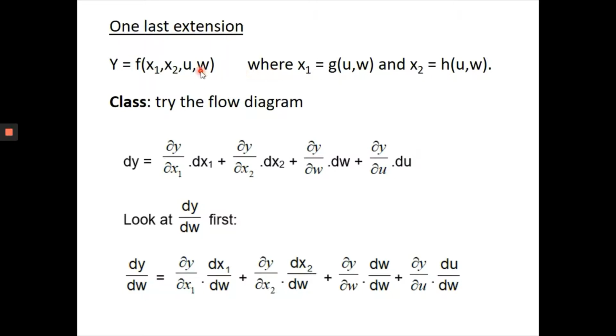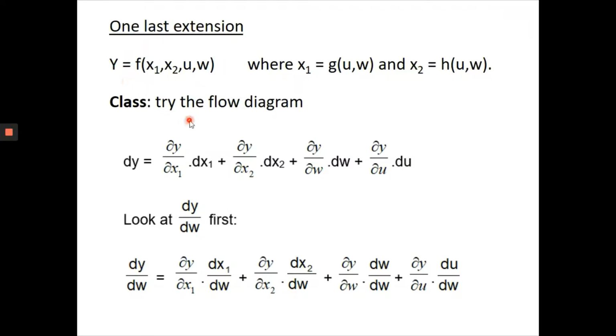They both act on y directly and indirectly. Through this function g, both w and u are working indirectly on y by affecting x1, and then x1 affects y, and similarly u and w act via function h, affecting x2, and then acting on y.